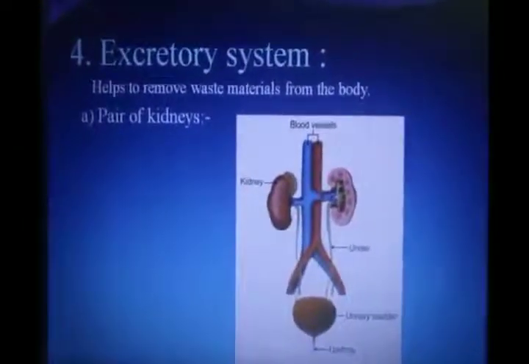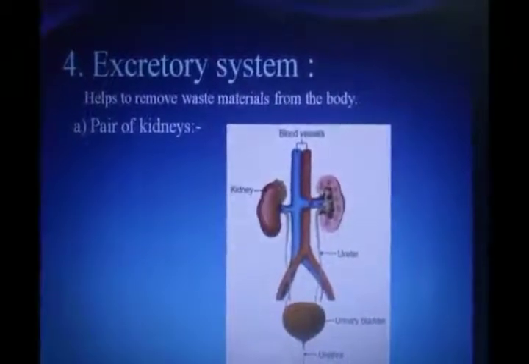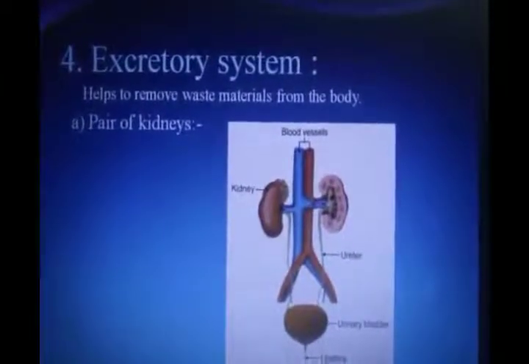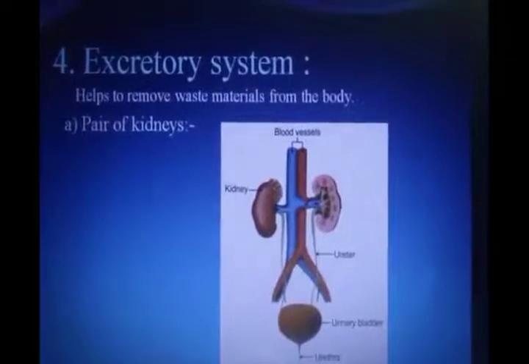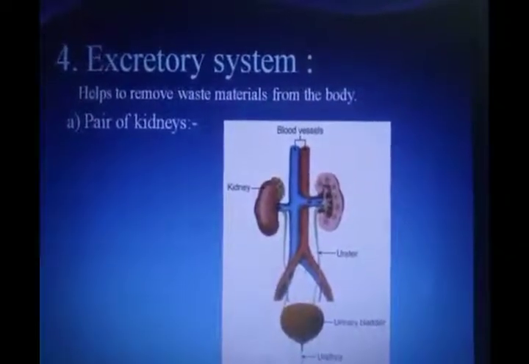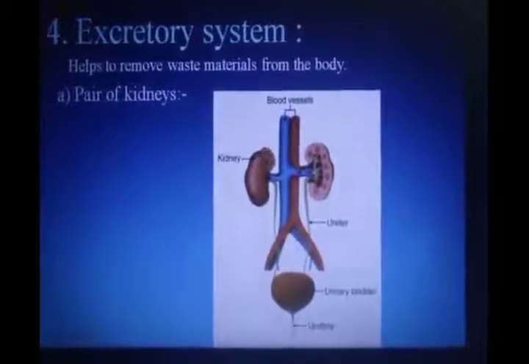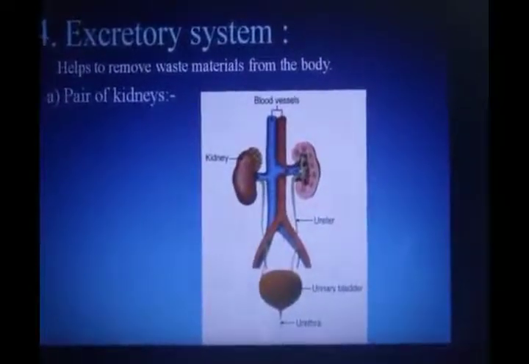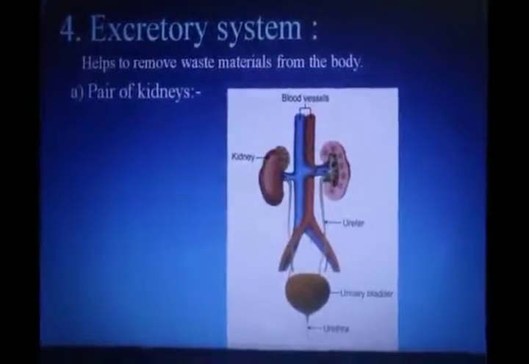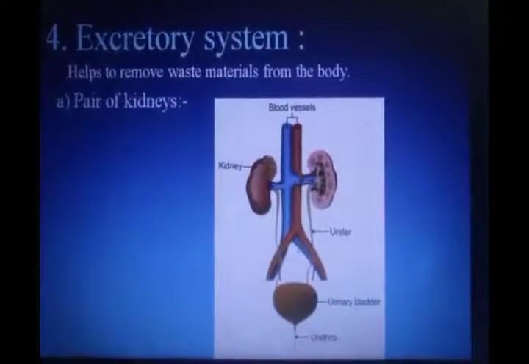We have learned that this system helps to remove waste materials from the body, and a pair of kidneys help to get rid of the waste. The kidneys remove waste in the form of urine. They filter our blood.